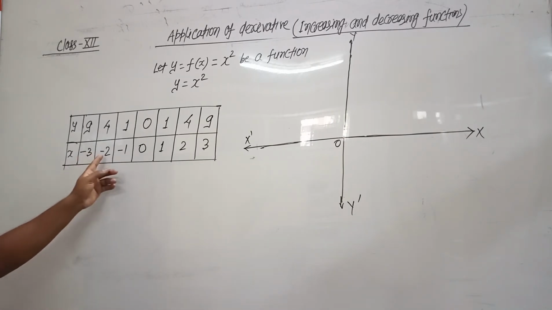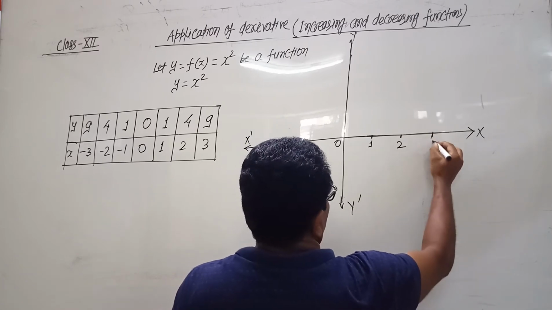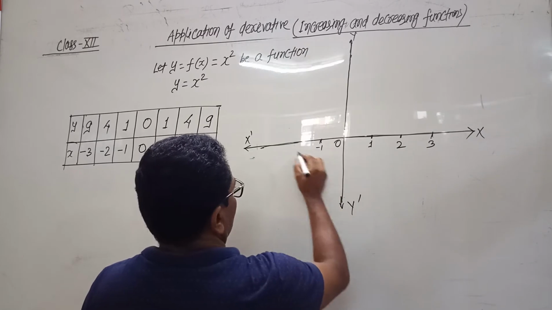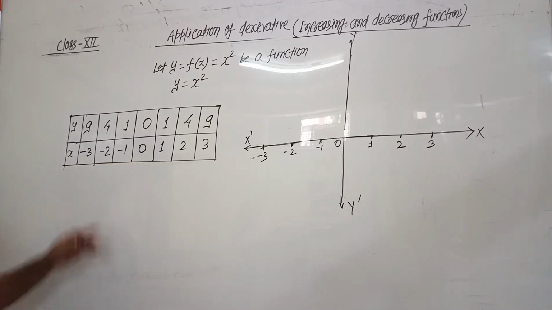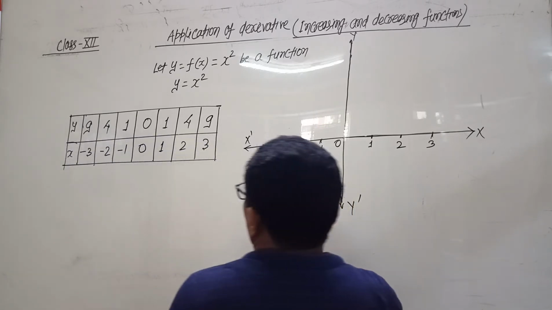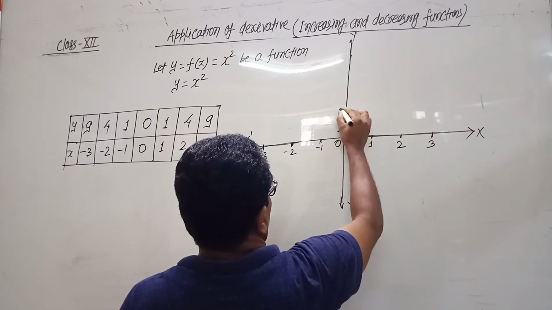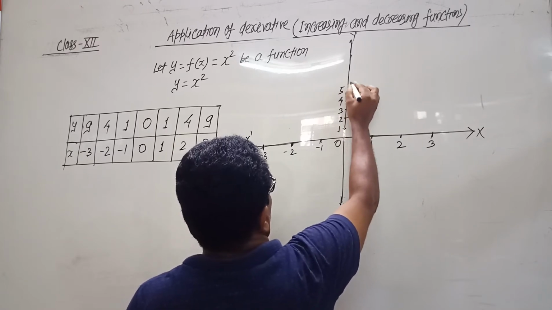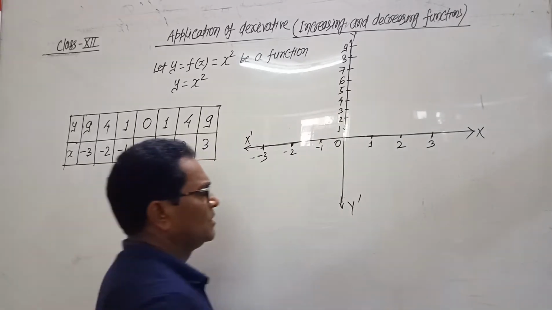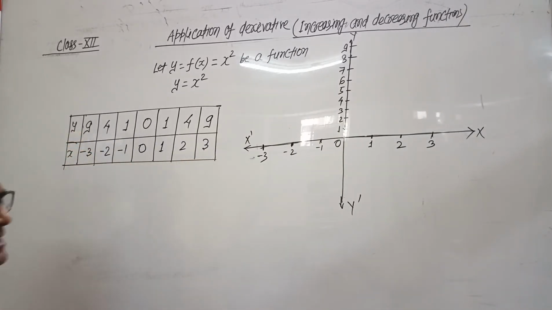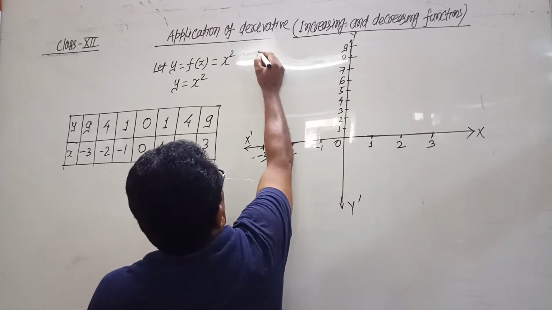The values of x are 0, 1, 2, 3 and also -1, -2, -3, and the corresponding values of y go from 1 to 9: 0, 1, 2, 3, 4, 5, 6, 7, 8 and 9. When x is -3, the value of y is 9.